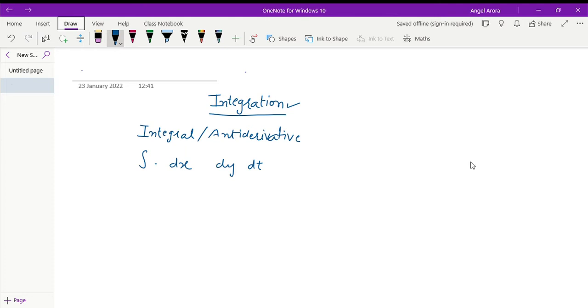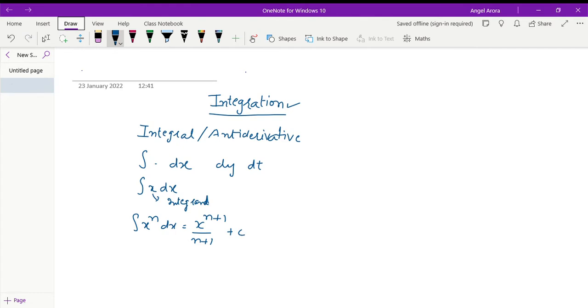So for example, how to calculate the integral of x dx. Here x is the integrand whose integral we want to calculate. So what is the rule of integration here? We apply the power rule, which says that the integral of x raised to n dx is x raised to n plus 1 upon n plus 1, plus c.